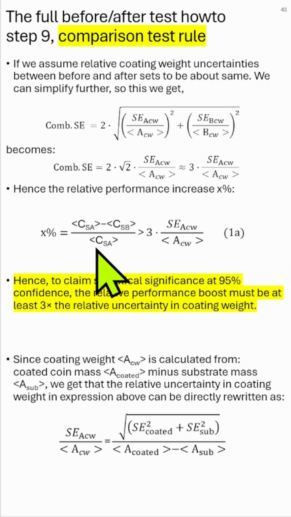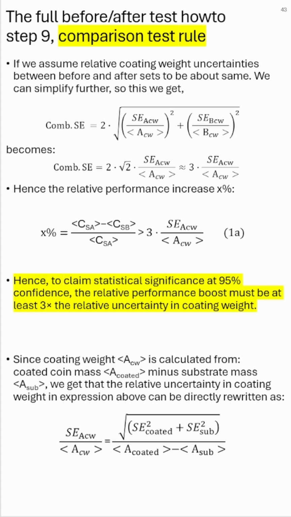And we also say that the relative performance boost, we give that a variable called the x percentage. So the x percentage must be larger than 3 times the relative error of the coating weight. That is a very interesting general statement, right?